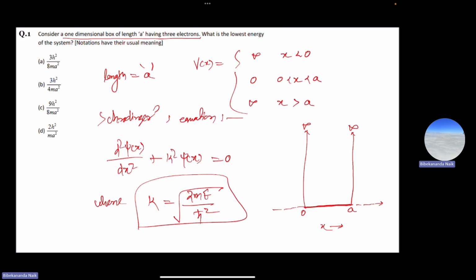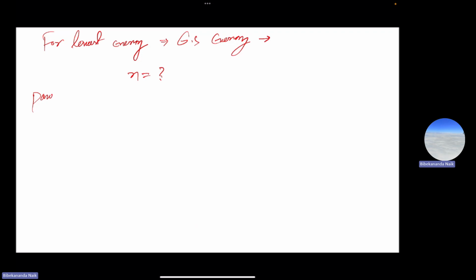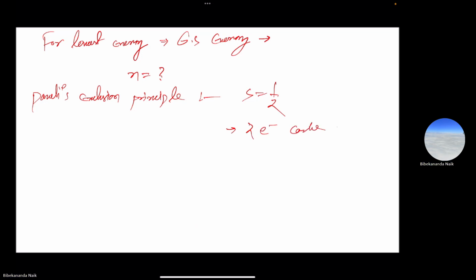what will be the value of n? Here you see the question says it has 3 electrons, and according to Pauli's exclusion principle, since electron has spin half, 2 electrons can be present at max in one energy level, is it not?